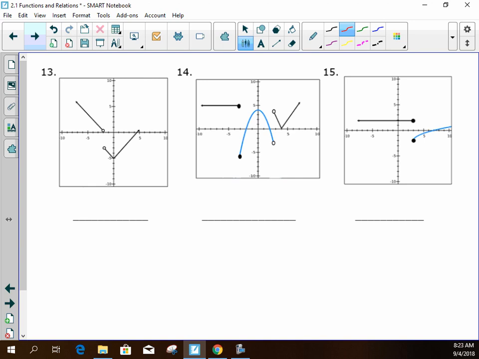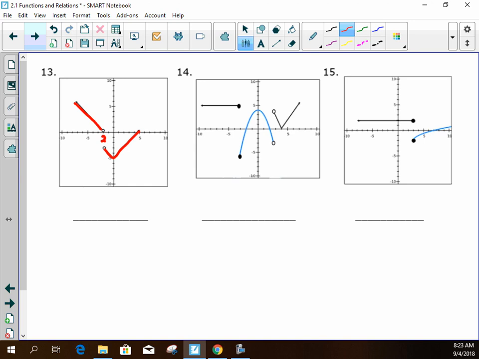Now, let's look at number 13. Look at the stacker. Is that open or closed? Open means don't include that. So this one right here and this one right here do not share the same x value. Because this is at 2, but it's open. So that says nope.